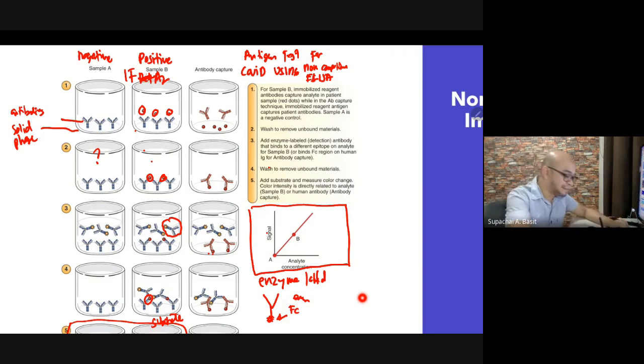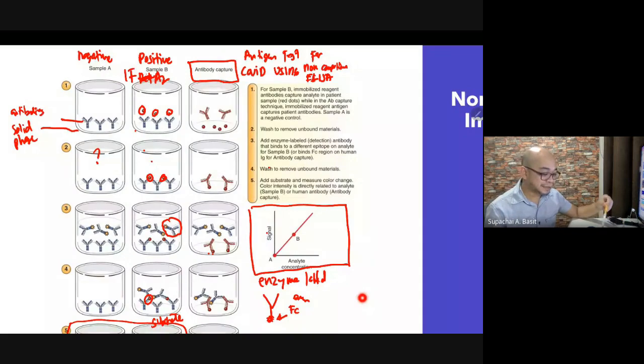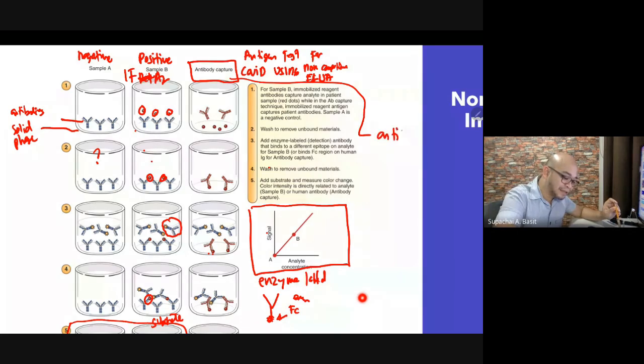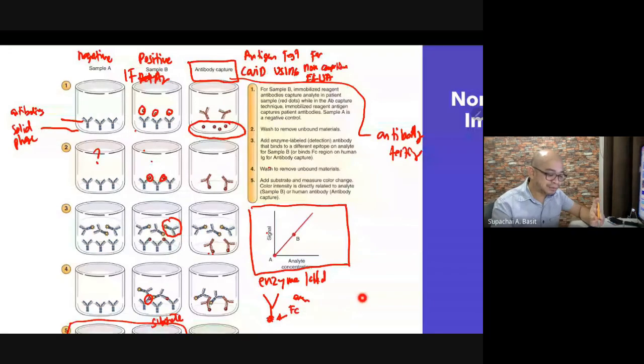Now, antibody capture is also possible. Antibody capture means that you are doing antibody testing. The principle is the same, except that in the solid phase, instead of placing antibody, what you will be placing is an antigen. And then the patient's antibody will be added.